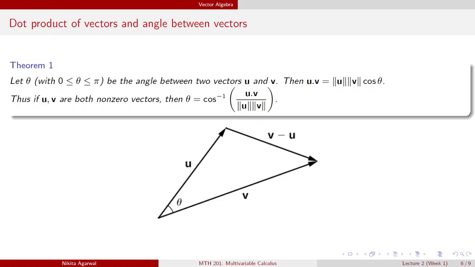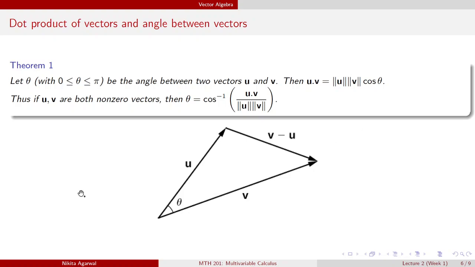Okay. So now let us try to understand the geometrical meaning of the dot product. Let theta be the angle between two vectors u and v. Then their dot product is nothing but norm of u times norm of v times cosine of theta.